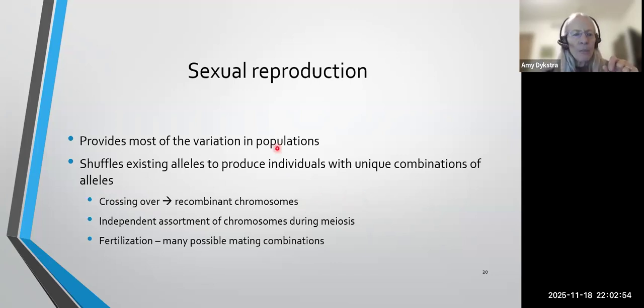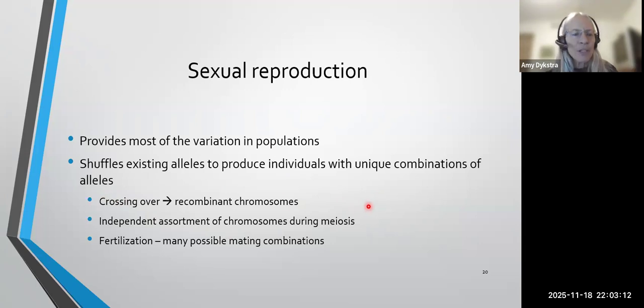And then independent assortment means that the chromosomes that come from the dad are not all going to line up and go to the gametes.